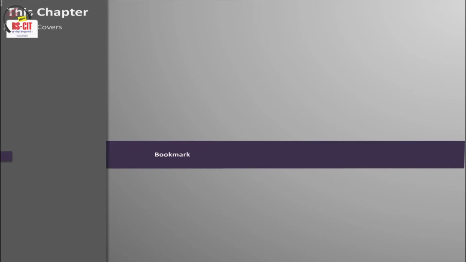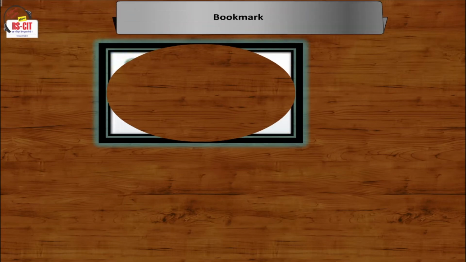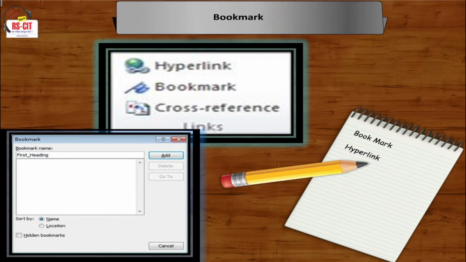Bookmark. A bookmark identifies a location or a selection of text that you name and identify for future reference. For example, you might use a bookmark to identify text that you want to revise at a later time.